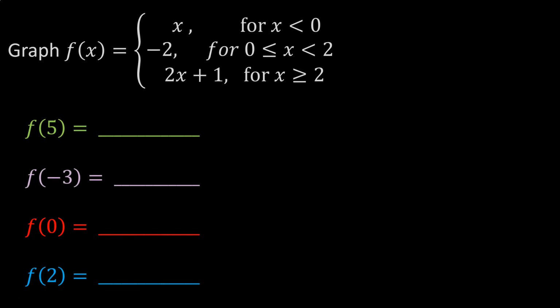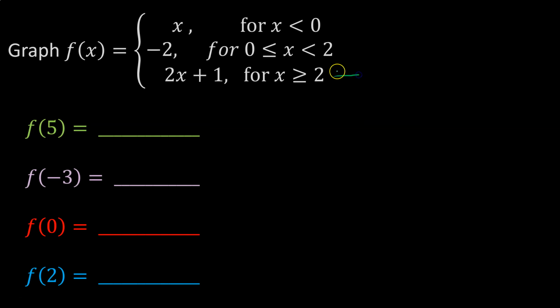All right, let's practice finding function values in a piecewise function. From the previous lesson, you know that f of 5 means the function value when x is 5, meaning your input is 5. So if your input is 5, which piece do you belong to?